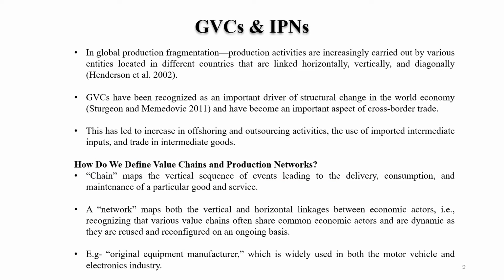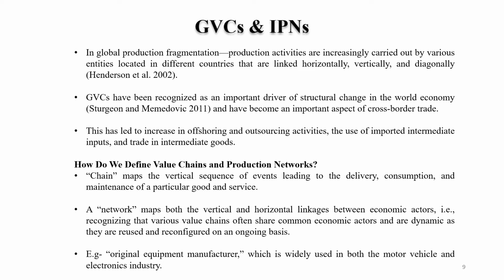Another concept, production network. When we say value chain, the word chain actually explains a sequential activity. So it's a vertical sequence of events leading to the delivery, consumption, and maintenance of a particular good and service.